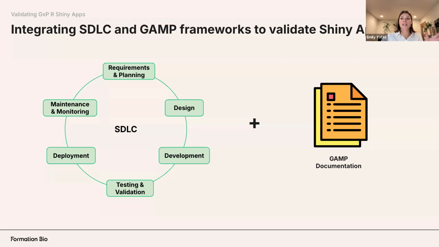GAMP principles already align really closely with those of an SDLC, but with an added emphasis on creating documentation and artifacts at each of the stages of the SDLC to demonstrate traceability and reproducibility of the system. So what I'm saying here is that if you can additionally consider some of these GAMP principles when drafting your SDLC, you can get closer to a risk-based, validated approach that ensures regulatory compliance and data integrity in these GxP-regulated environments.